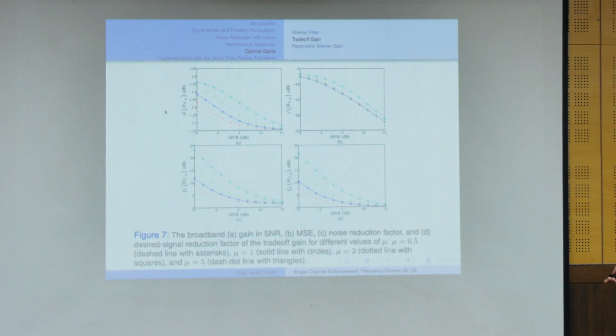The distortion, we pay for that, so the distortion also increases. What happens with the mean squared error? The mean squared error is minimal when mu equals 1, because when mu equals 1 we have the Wiener filter, or the Wiener gain. So you see the blue line is the lower line.